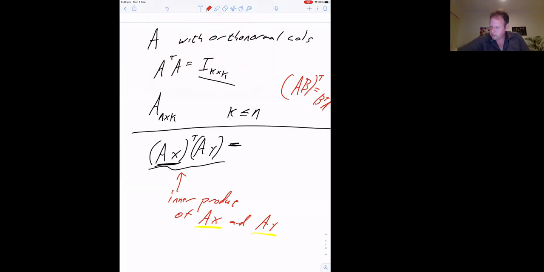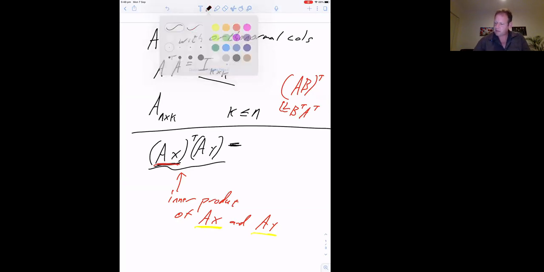So applying the same rule here, and this rule will be applied all the time, it's X transposed A transposed A Y.